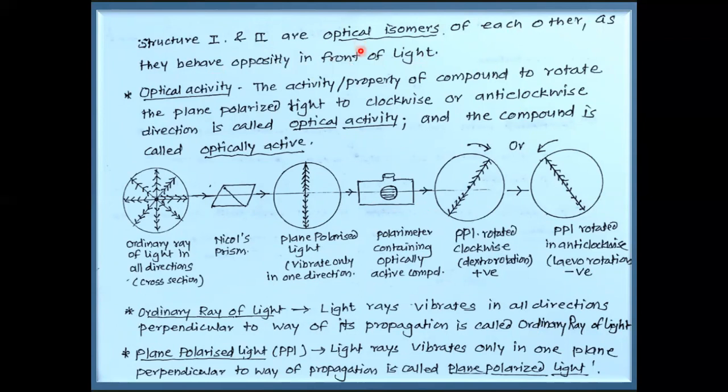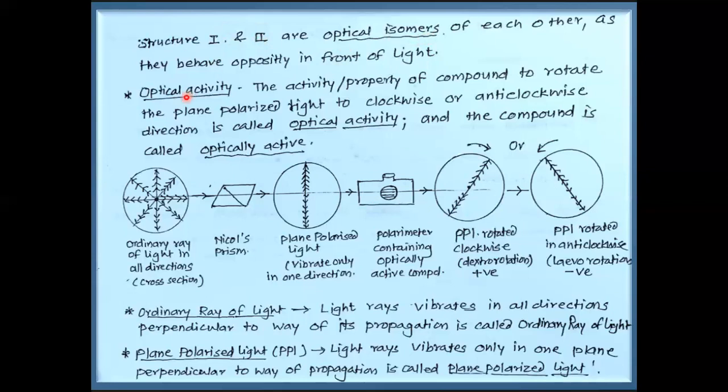So here we are going to see structure 1 and structure 2, or object and its mirror image. Their molecular formula is the same, but they have a different spatial arrangement, and their behavior in front of plane polarized light is different. So they are called optical isomers.